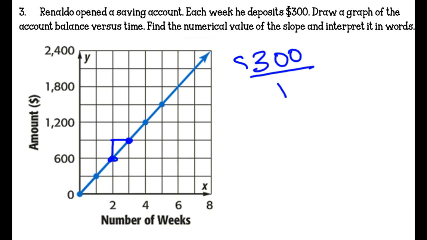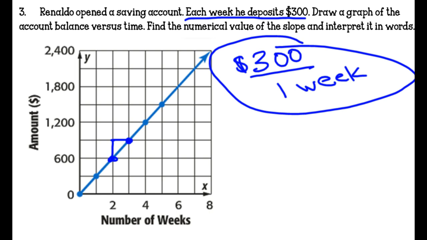So it's a change of $300, and the change in X was 1 week. So that means it's a change of $300 per week, which is what they told us. It was each week he deposits 300. So that's your answer. So you could use words to explain it a little bit more, that every week he's depositing $300 into the account, and that is the slope.